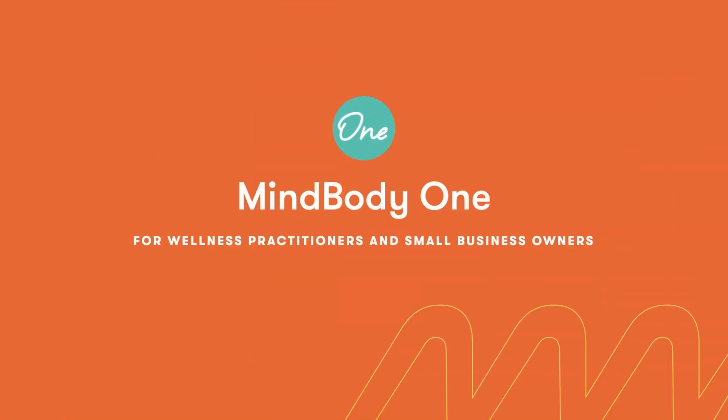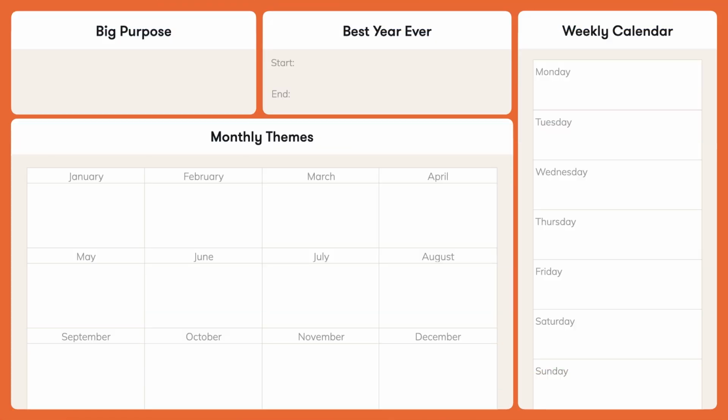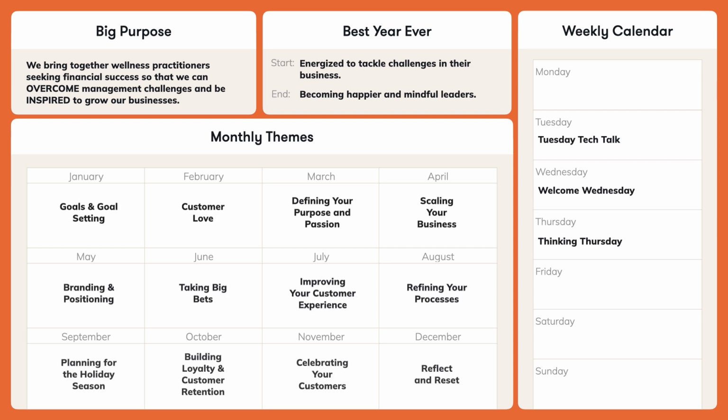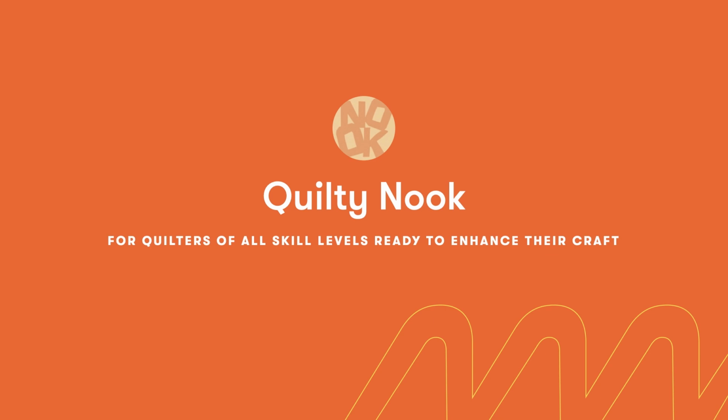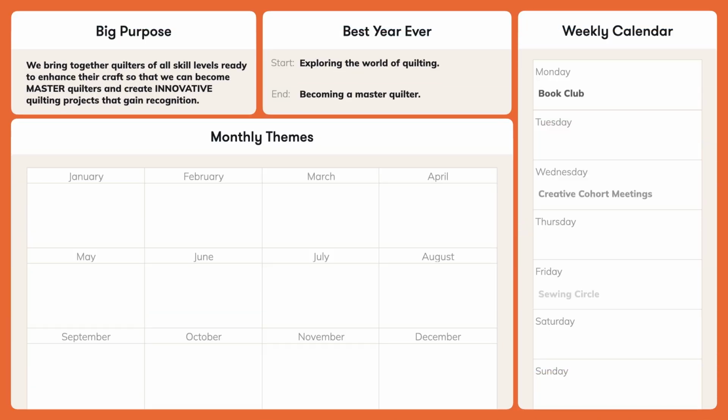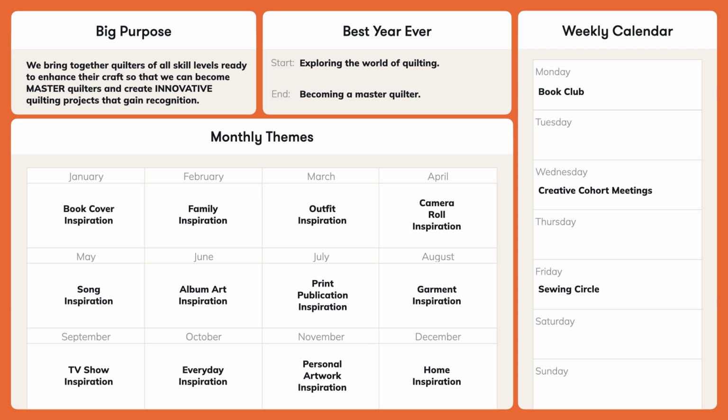This is what it looks like to pull all of these pieces together that we've shown in the prior modules for Mind Body 1. And this is the community design plan for the Quilty Nook. And as you can see, adding these different pieces to each other come up with a pretty robust set of things that you are bringing to your members, again, without ever creating a lot of content or really any content.